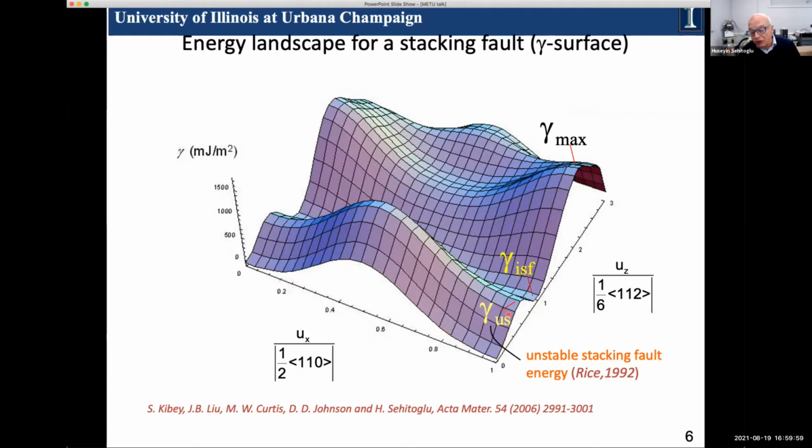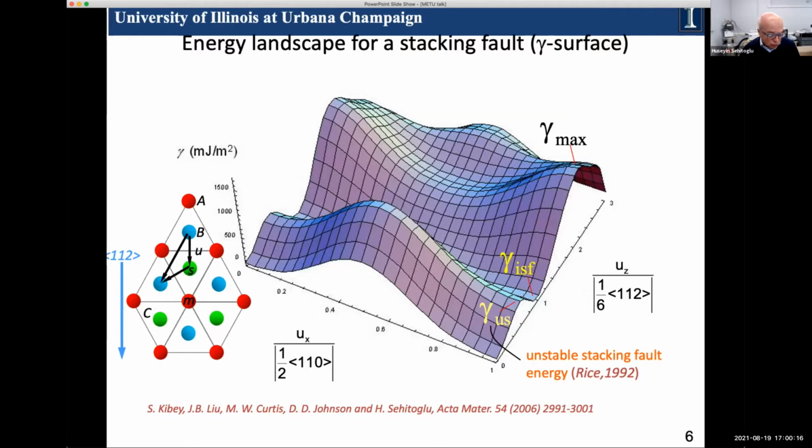So the material prefers to split into partial dislocations, which are the 112 dislocations here, or deform through the 112 direction. So this is the 112 here, and that's the one. So that's like the zigzag pattern of plastic deformation. This will be the 110 direction.